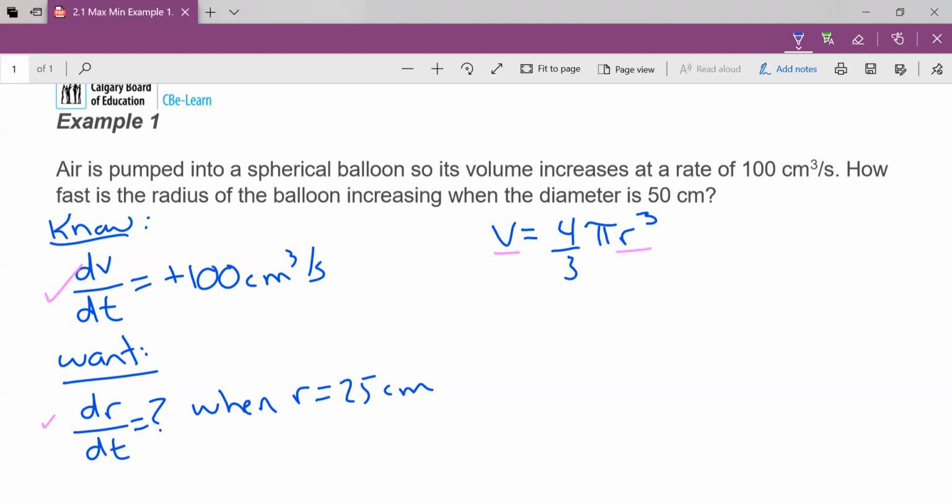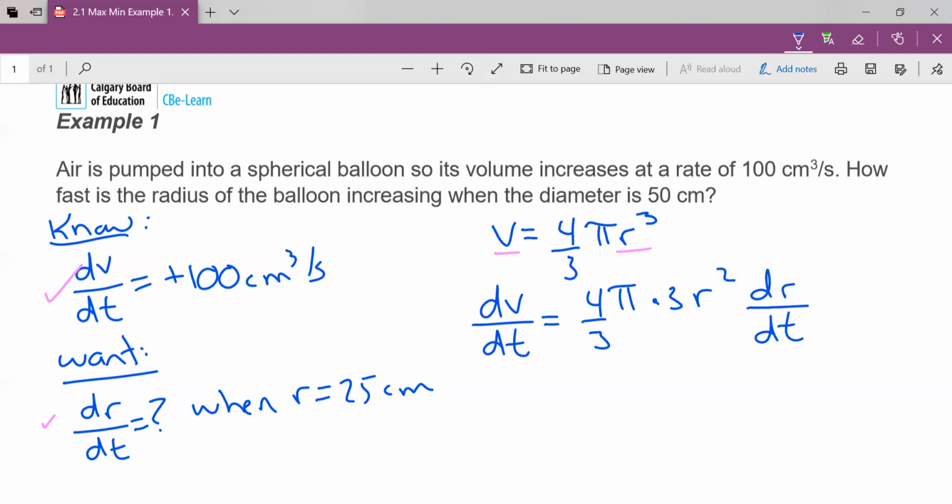Okay, I'm good to go. Now I take my derivative with respect to time. The change in volume with respect to time is 4/3 pi times 3r squared, and we have to implicitly differentiate because we're with respect to time, not with respect to r. Okay, it's looking pretty.